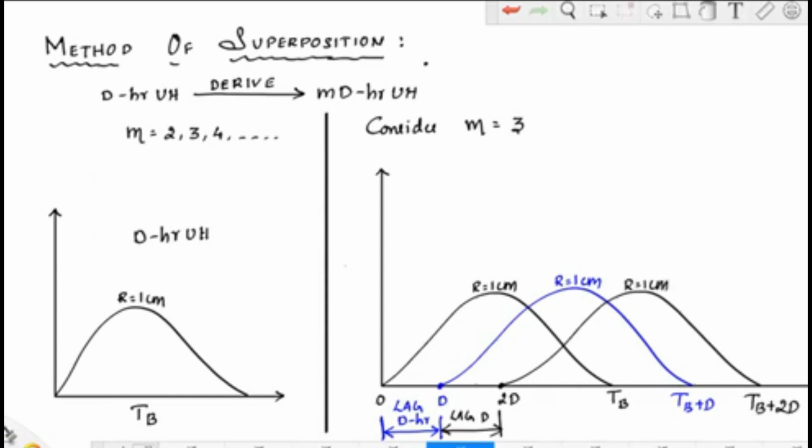In this method of superposition, the only mistake students make is the lag. The lag should always be D hours, so each unit hydrograph should lag by D hours. Next, you add all these curves.